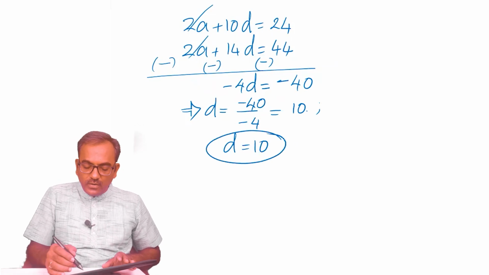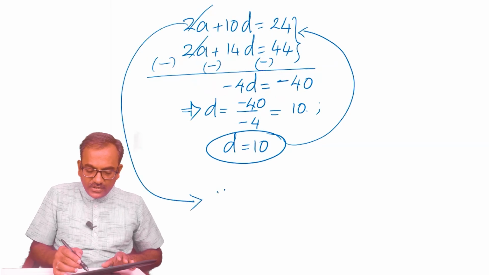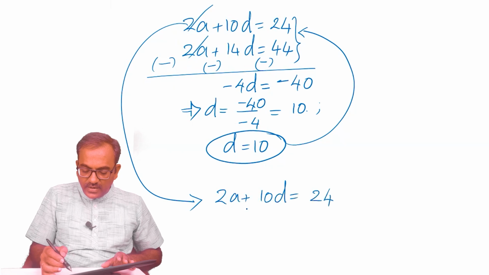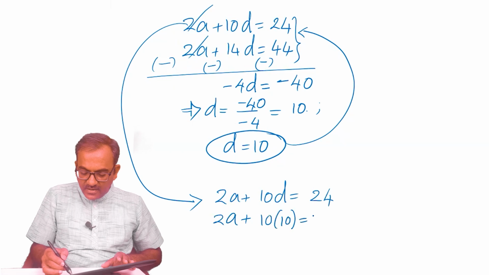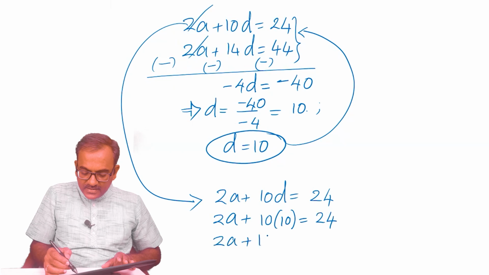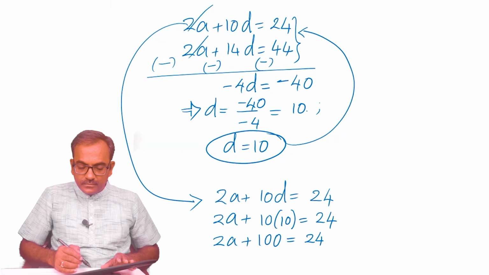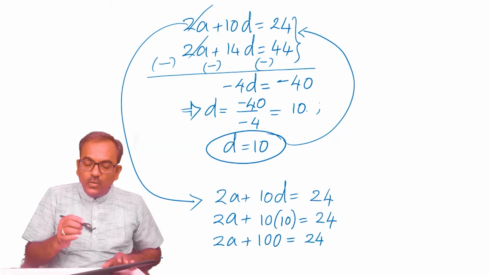Substitute the value, come back to the equations, take any one equation. 2a plus 10d is equal to 24. 2a plus 10 times 5 is equal to 24. Okay, what have we done? Just take a look at it.